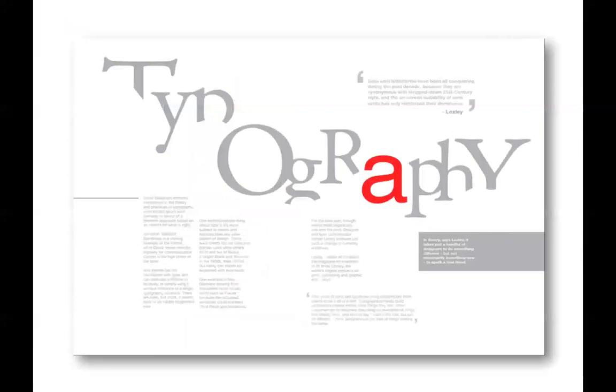Another one, gorgeous. Type only. Look at just, this says typography. Even though the letters are cut, the letters have now become their own shapes. And then the A standing out as a different font is just beautiful with this sans serif type, or with the serif type.